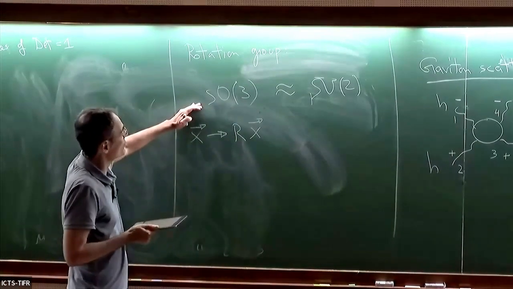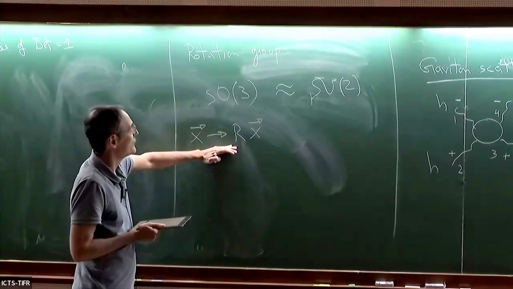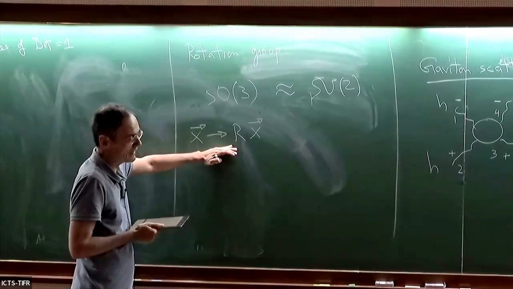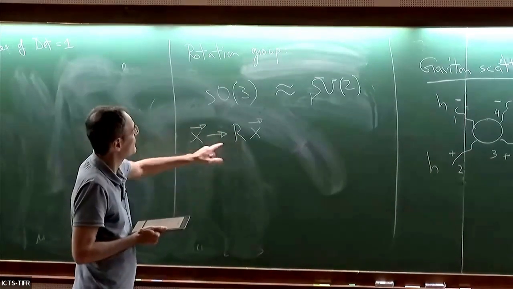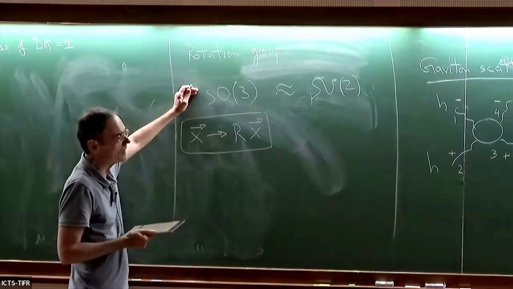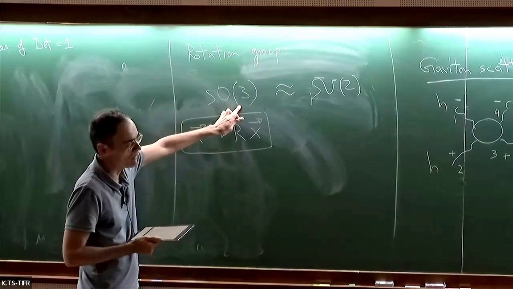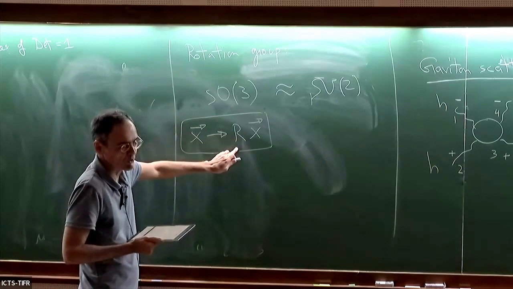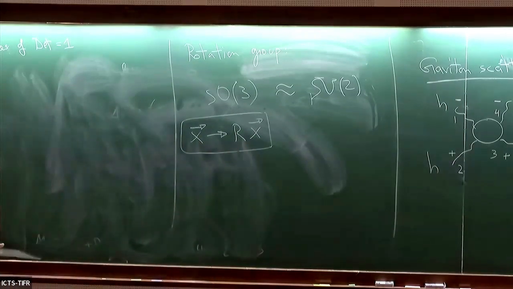The idea is that you can write a representation that is spin 1, from SO(3), the fundamental representation, the orthogonal 3 by 3 matrices, that is the usual rotation of the three components of space.